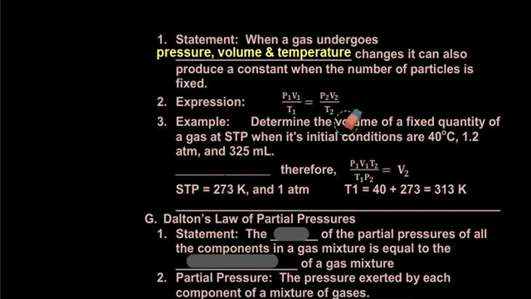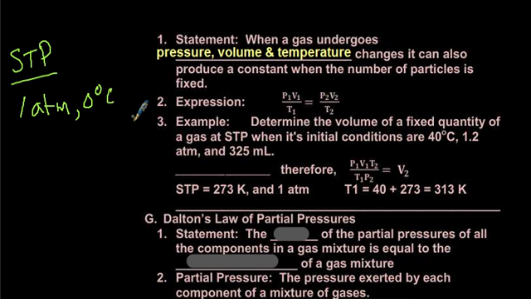Determine the volume of a fixed quantity of gas at STP. What's STP? STP is 1 atmosphere and 0 degrees Celsius, also known as 273 Kelvin.